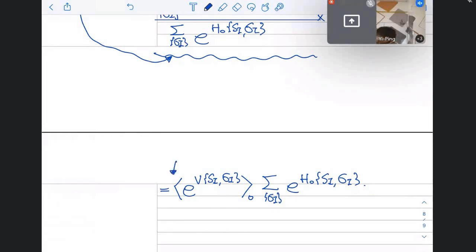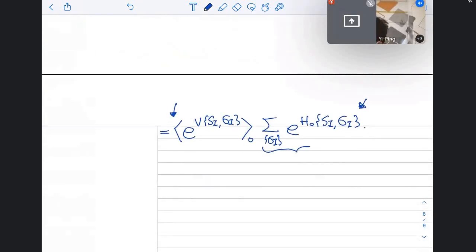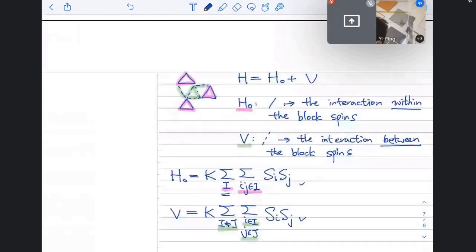This term is not obvious, but let's deal with the more obvious one, which is the H0 part. This part is simple because in the diagram you see these pink triangles. They are basically decoupled. Learning from the previous statistical mechanics, we love decoupled stuff because the partition function just factorizes.